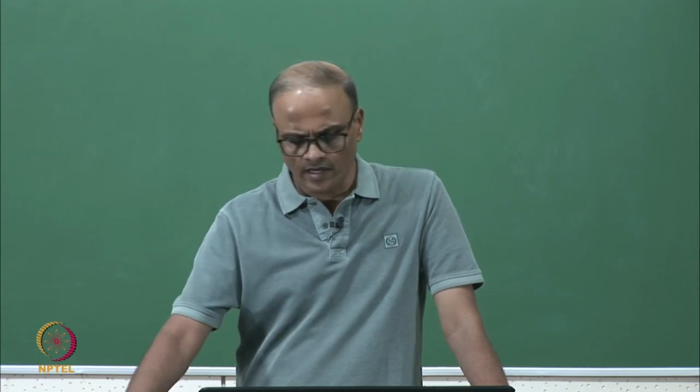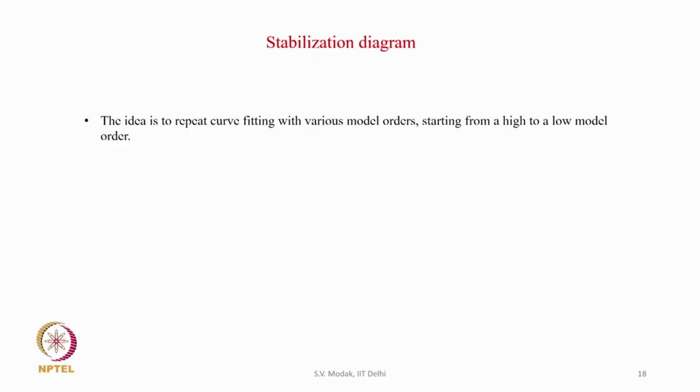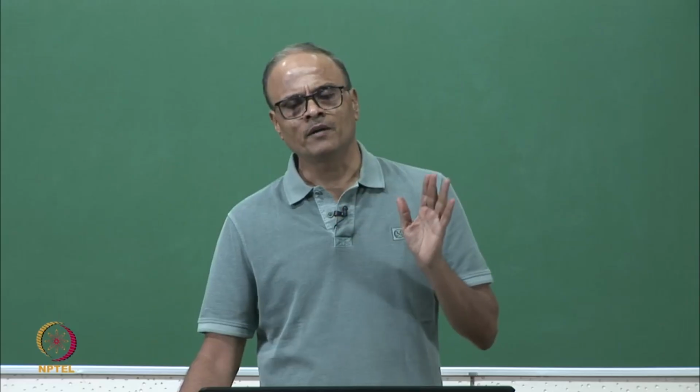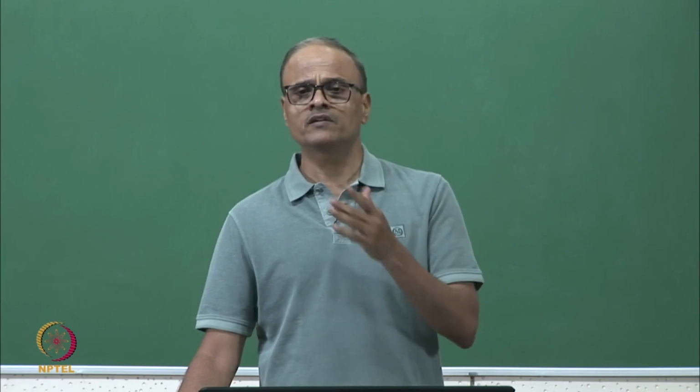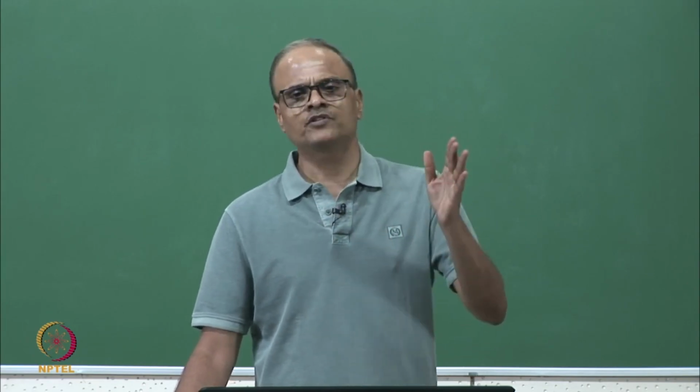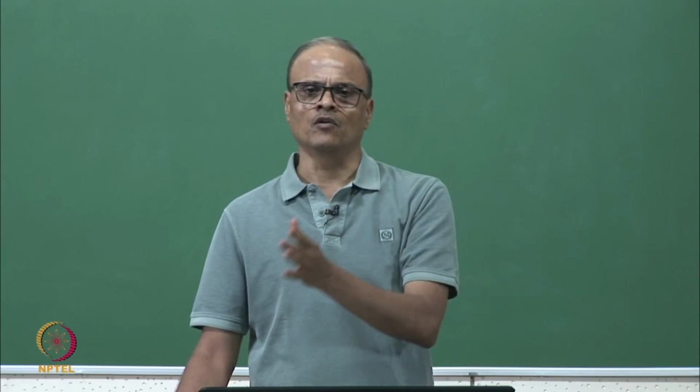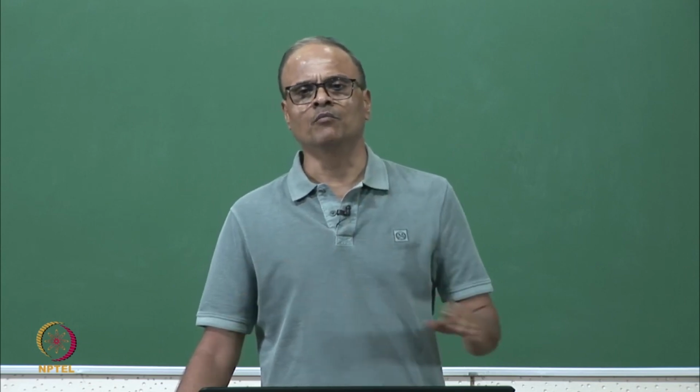The idea is to repeat curve fitting with various model orders, starting from a high to a low model order. So, we start from a very high assumption of model order and we perform the curve fitting and identify the model parameters. And now we reduce the model order and repeat this curve fitting process, yielding another set of model parameters. This process is repeated for several model orders going up to a low model order.